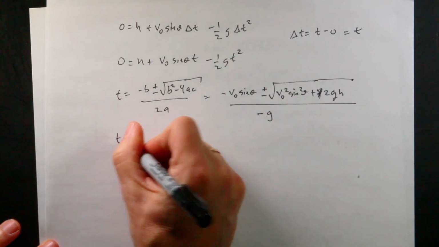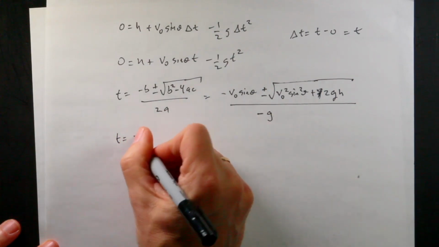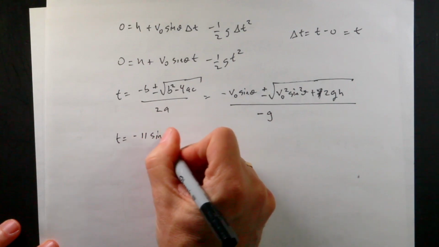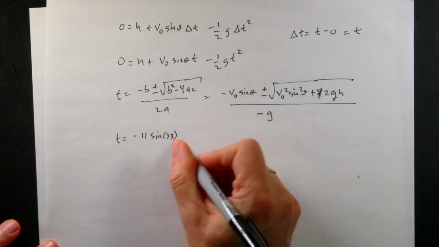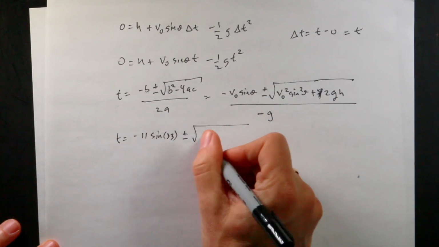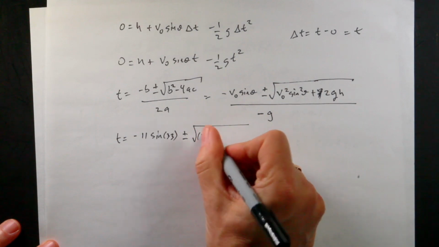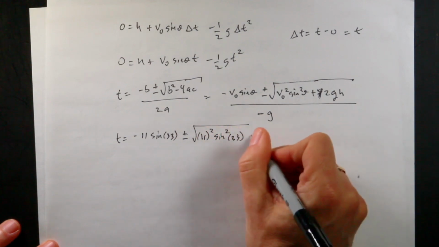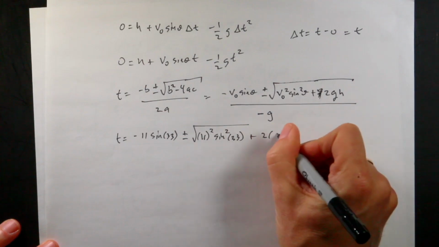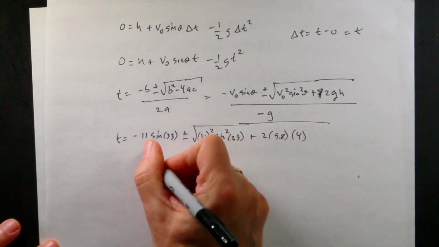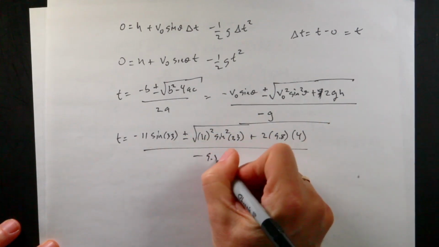Okay, so let's put in my numbers. It's going to be negative 11 sine 33 plus or minus, I'm going to get two answers, the square root of 11 squared sine squared 33 plus 2 times 9.8 times 4, all of that over negative 9.8.